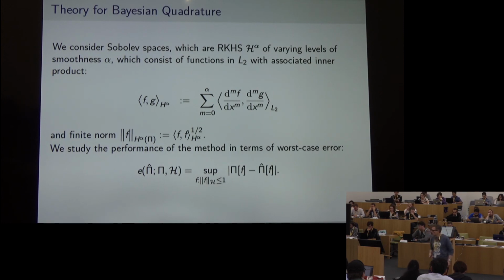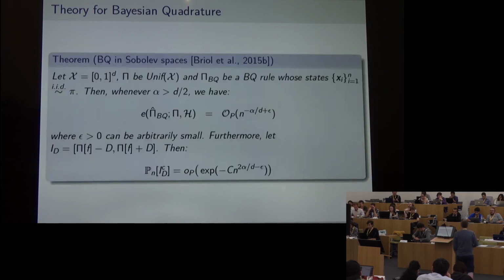And the way that we can study the performance of the Bayesian integration method is by looking at the sup norm between the actual integral and the posterior mean of the procedure.